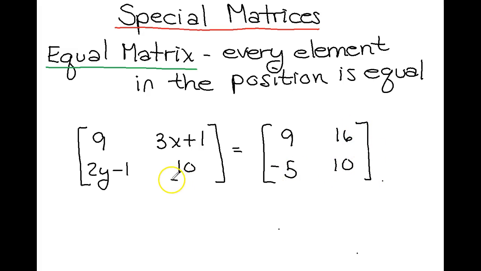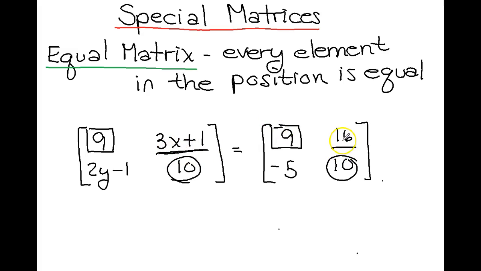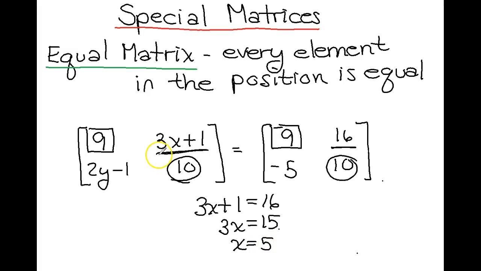It's clear that some elements are already equal. But what value of x would make 3x plus 1 equal to 16? You can set up an equation and solve it. Subtract 1 from both sides, and then divide by 3. x would have to be 5 in order for these two elements to be equal.